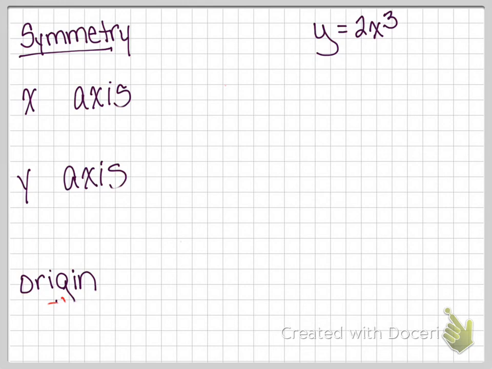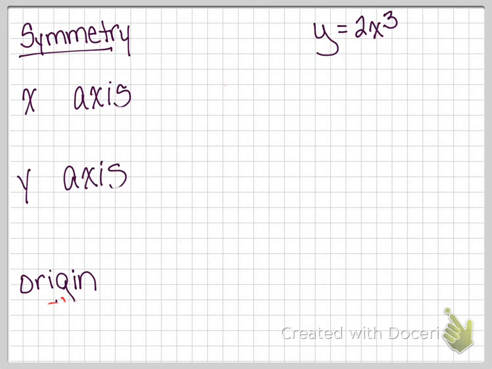But before we do them algebraically, I want us to look at them graphically so that we can fully understand what symmetry is. So, this is where Desmos comes into play and where Desmos is helpful, because then you can put it in the graph and you can visually see if something's symmetrical.